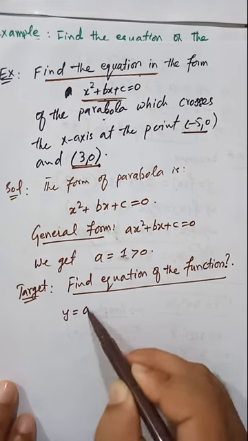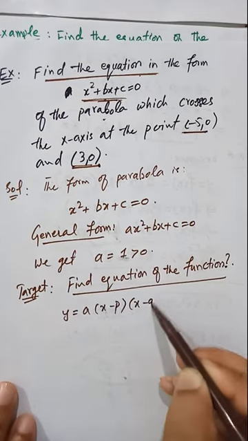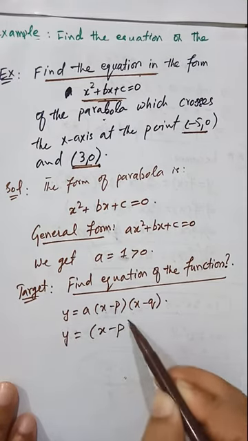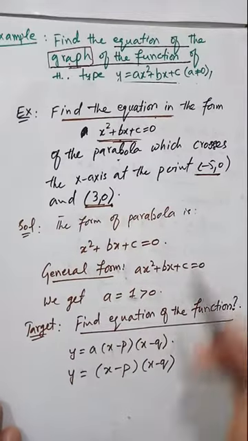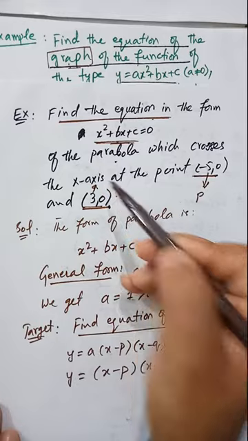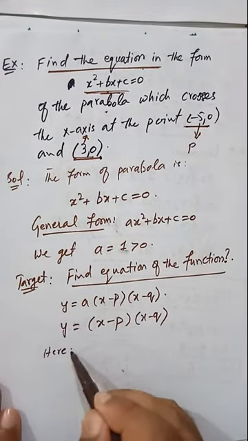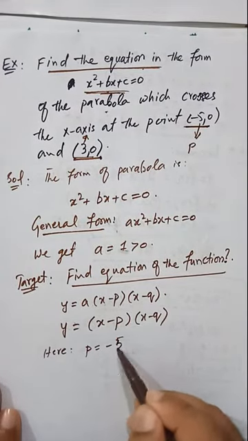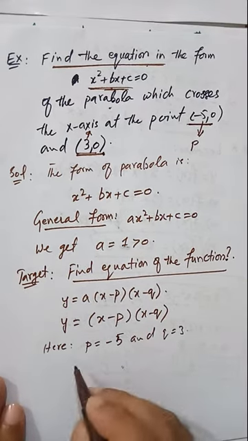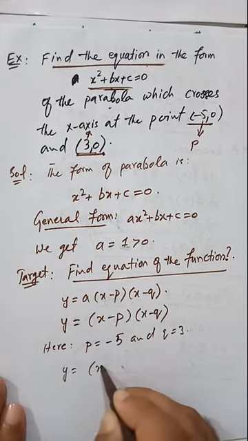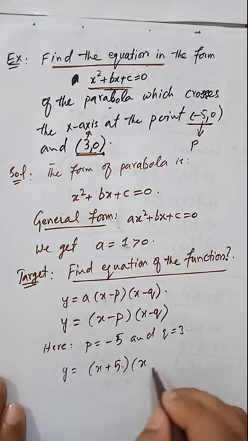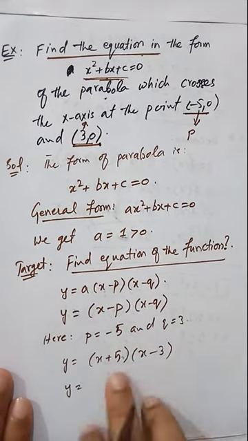So y is equal to a times x minus p times x minus q, but here the value of a is 1, so that becomes y equal to x minus p and x minus q. And here you see that this is the value of p and this is the value of q. So from the given information, p is equal to minus 5 and q is equal to 3. So plug these values in the prior equation. So y is equal to x plus 5, meaning minus times minus 5 means plus 5, and x minus 3.